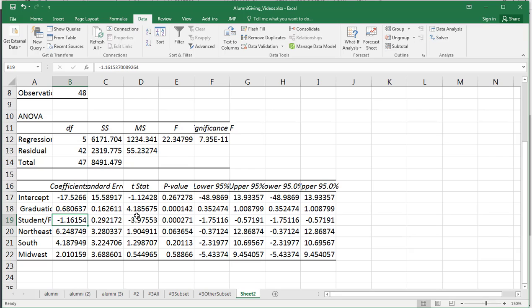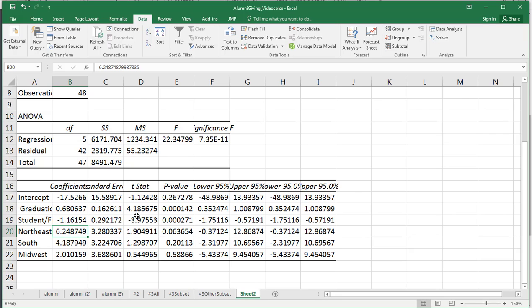What can we discern from adding the regions? So notice that the coefficients on all of these 3 dummy variables are positive. This means that the alumni giving rate is bigger than our base region, which is in the West.